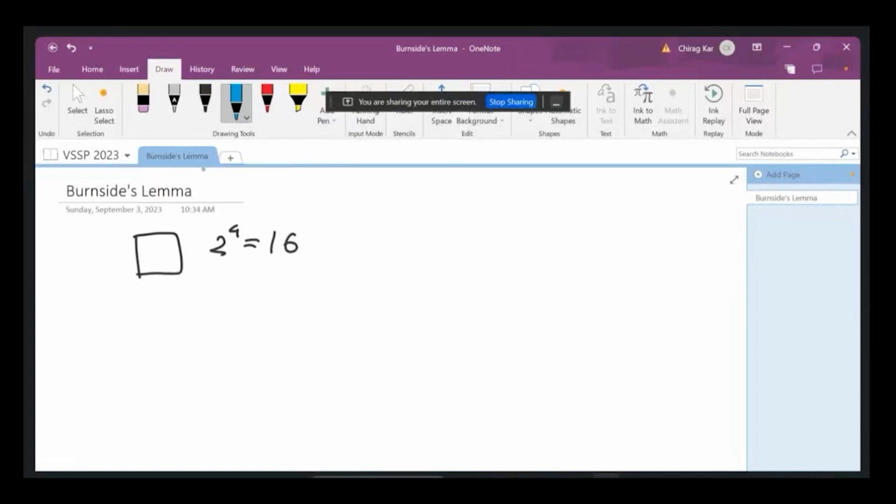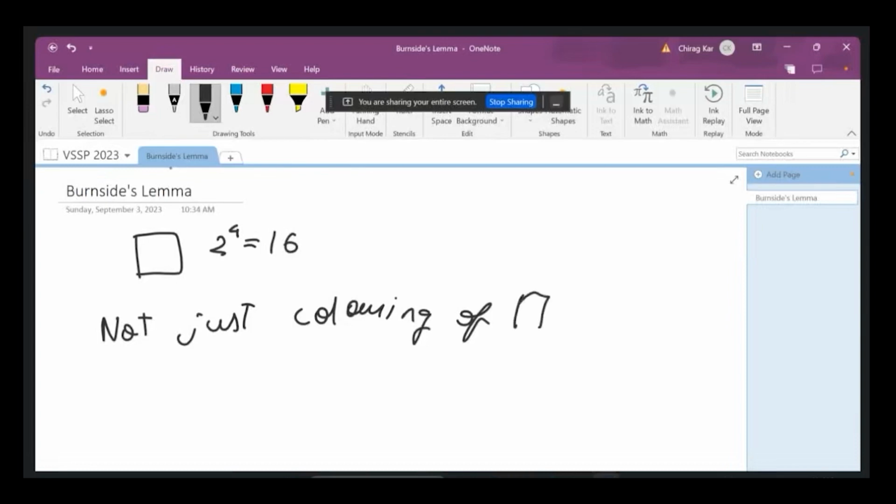Now, what I want to do is modify this problem. We won't just look at coloring of this square in any fashion, but this will be up to rotations.